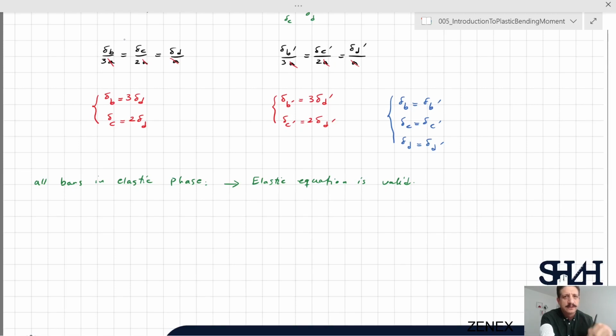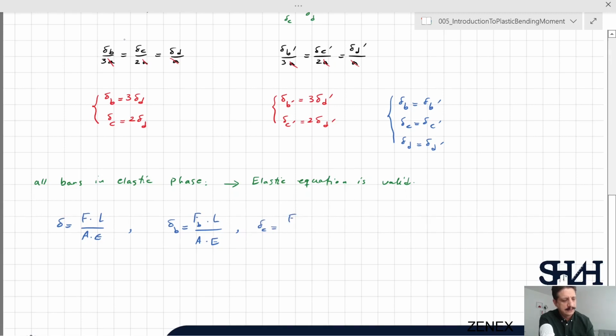As a result, the deformation can be calculated based on the equation FL over AE, which is valid only in the elastic phase. So delta B will be FB times L divided by A and E, and so on.